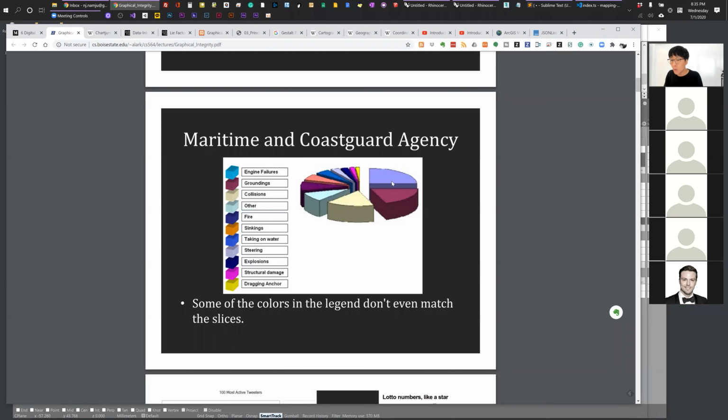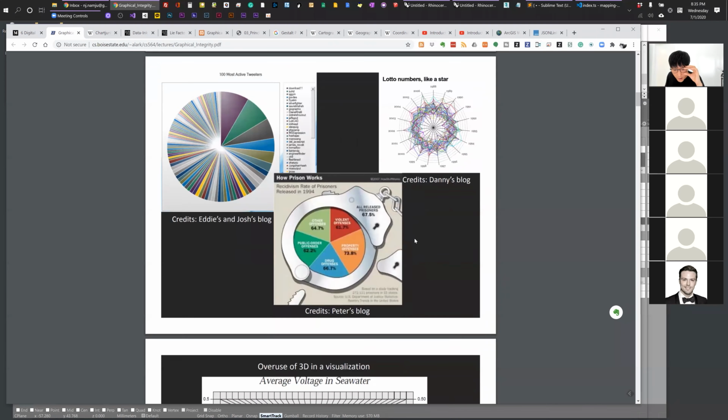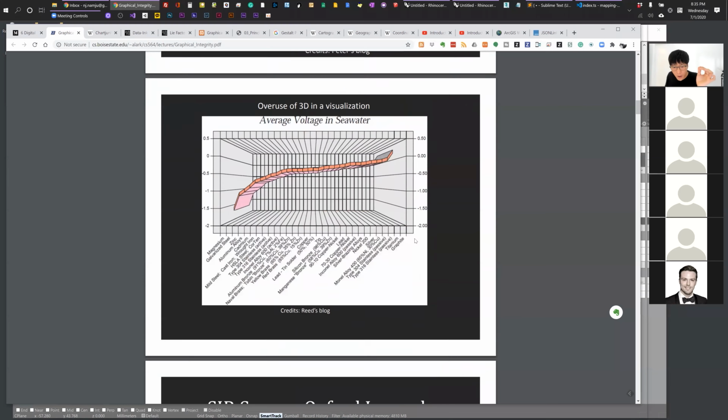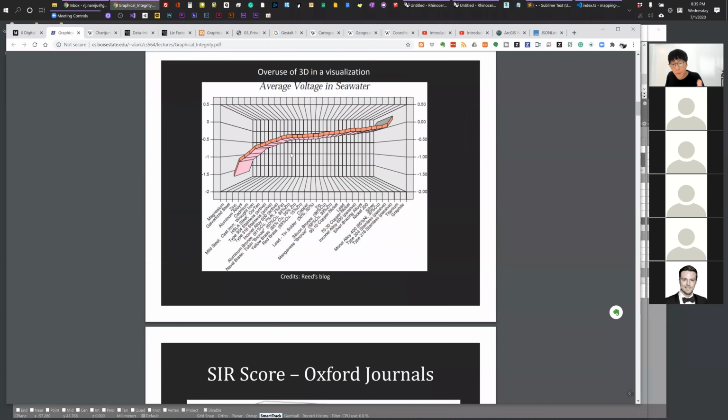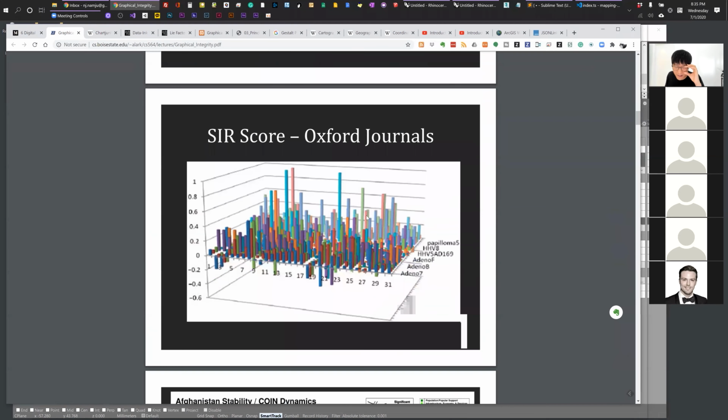But actually, the number for this one is higher than this one, but it is three-dimensional, so it has unnecessary ink down there. So this kind of lie factor or principle is there, and we can take advantage of some measure systems to measure our visualization. Sometimes 3D visualization is really bad for the data, I think.